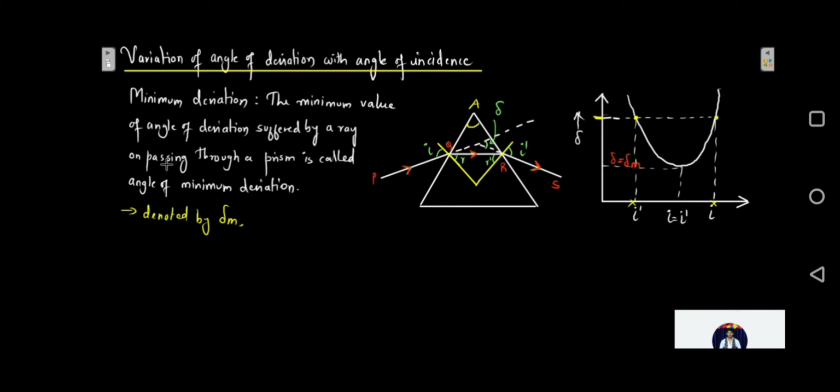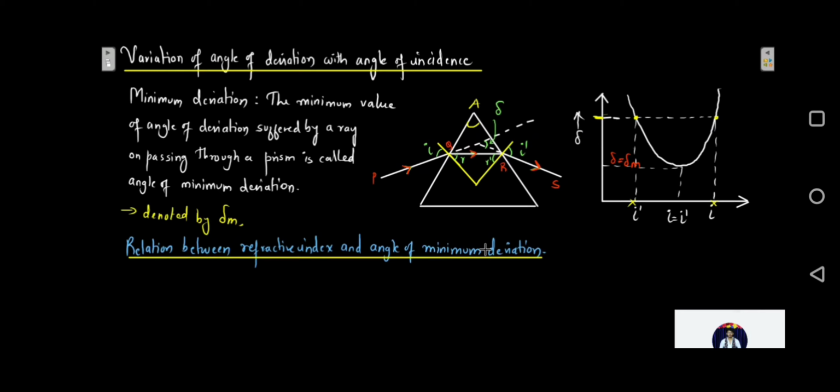So now let us see the relation between refractive index and the angle of minimum deviation. When a prism is in the position of minimum deviation, a situation where the ray of light is experiencing a minimum deviation, let us write: when delta, that is deviation, is equal to minimum deviation, the light which passes through the prism, that is QR, will be symmetrically passing.